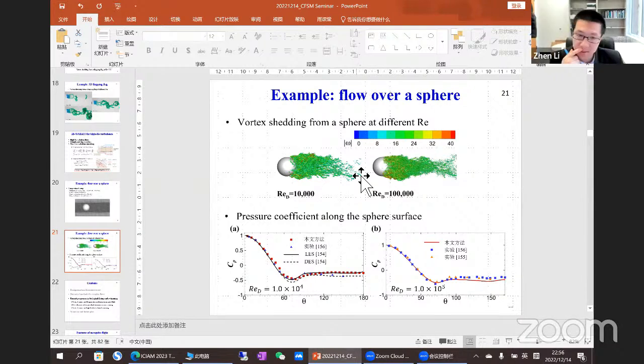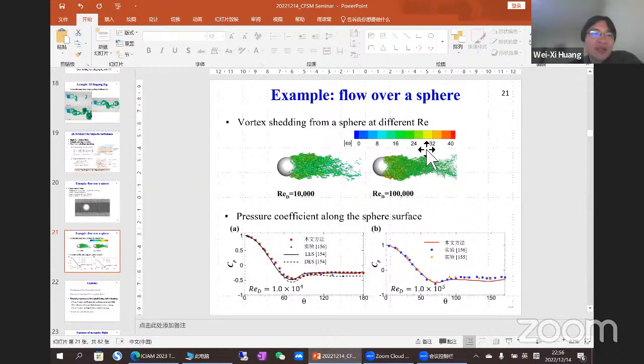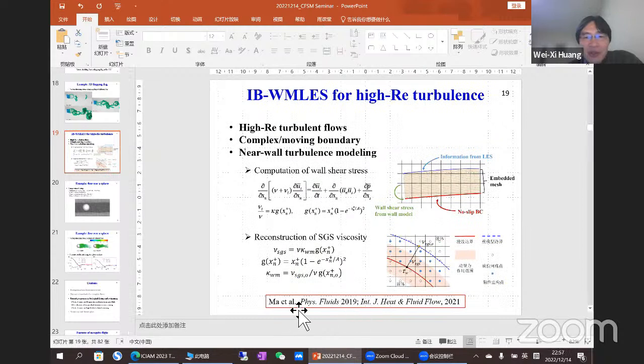Okay. So we have two publications on this. Previously, people considered the discrete forcing immersed boundary method.